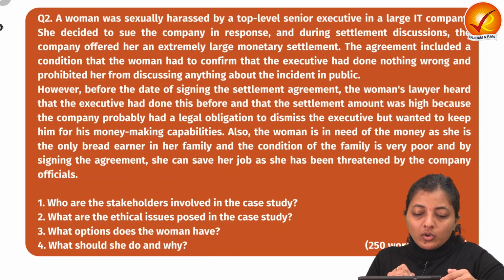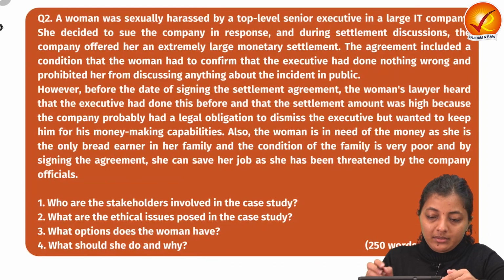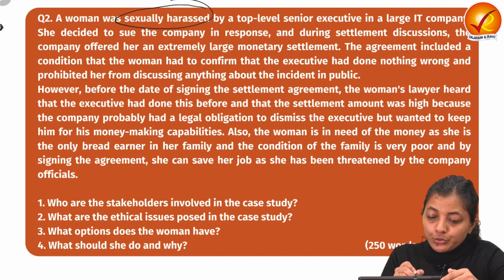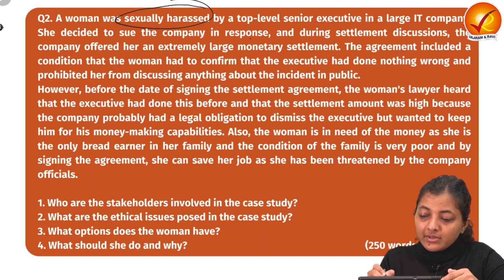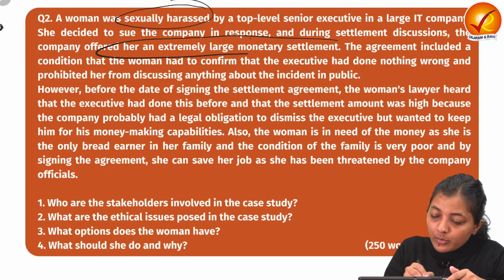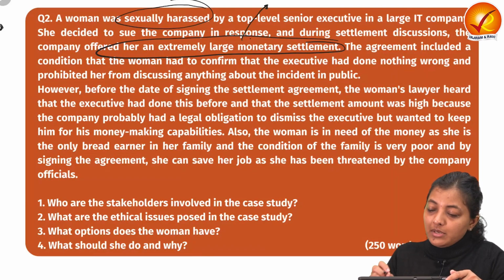A woman was sexually harassed by a top-level senior executive in a large IT company. Means there is a case of sexual harassment. She decided to sue the company in response, and during settlement discussions, the company offered her an extremely large monetary settlement. It means they are exploiting the vulnerabilities of women.